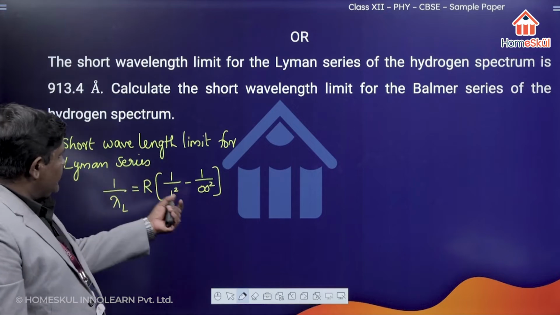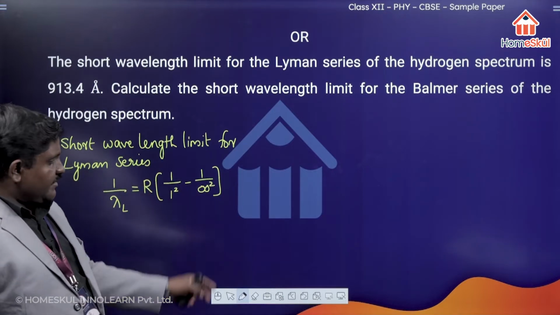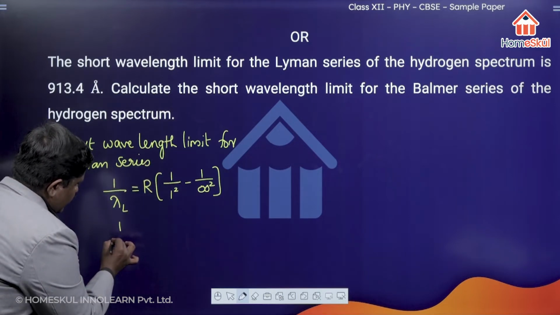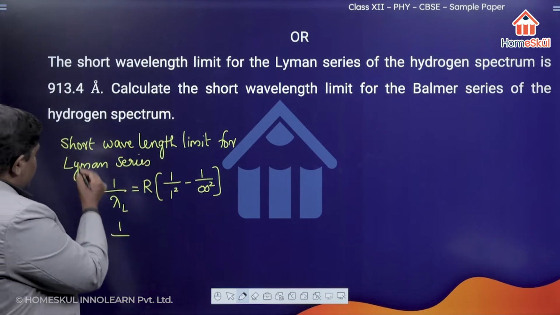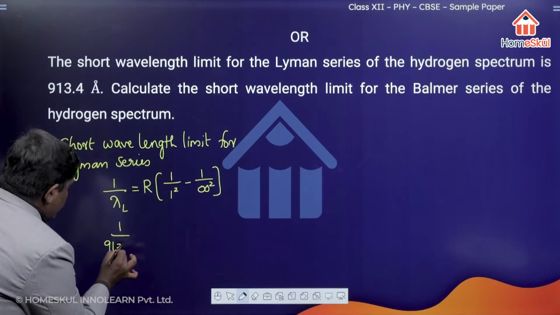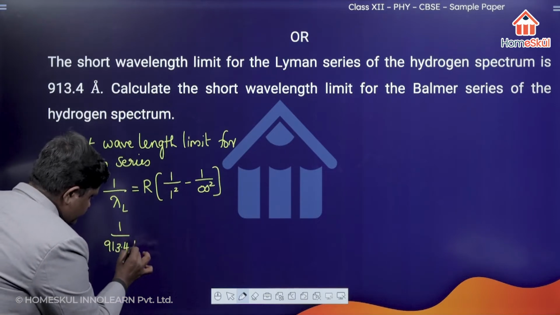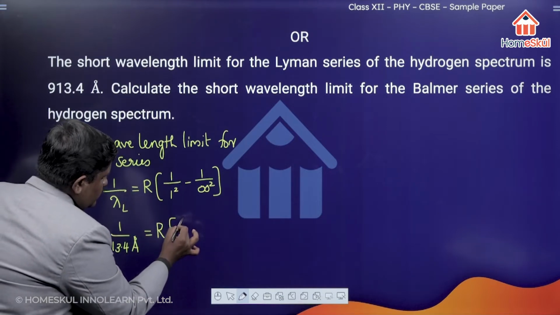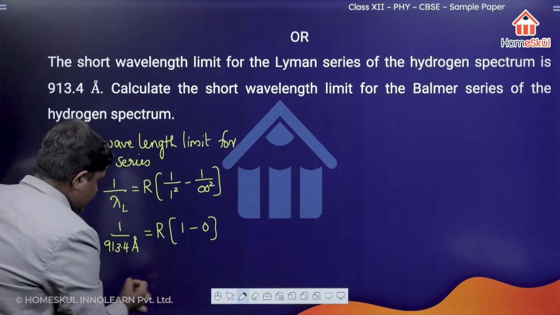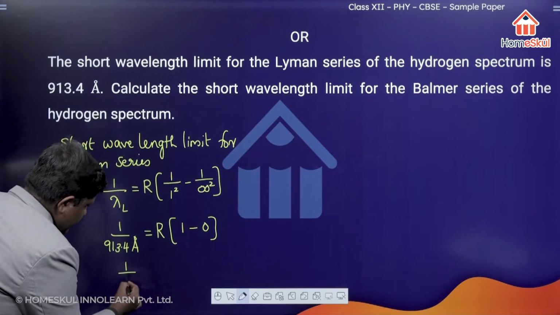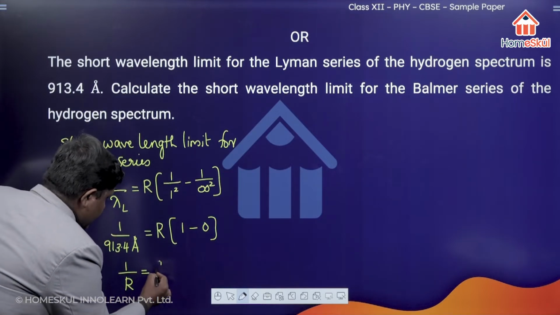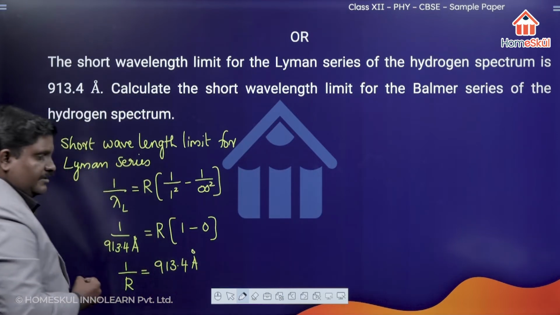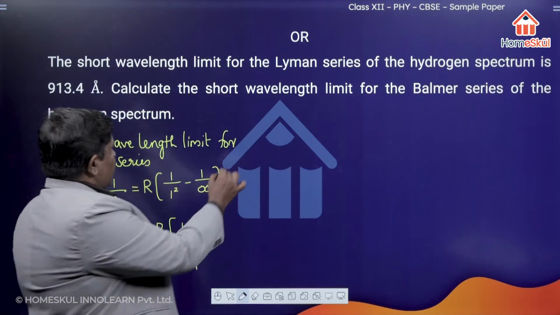For short wavelength the value will be infinity. So 1 by lambda L is given, lambda L is 913.4 angstrom, equal to R into 1 minus 0. That is 1 by R equal to 913.4 angstrom.